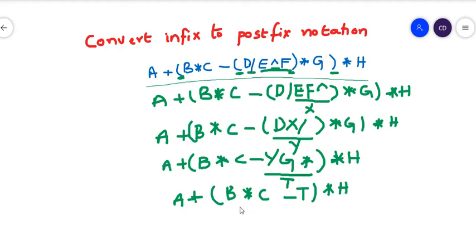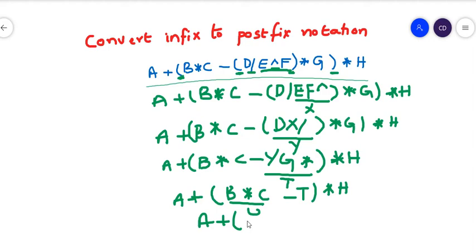Okay. So simply I can take this operation like A plus. I will take this entire thing as U. Then U minus T is nothing but UT minus. Okay.